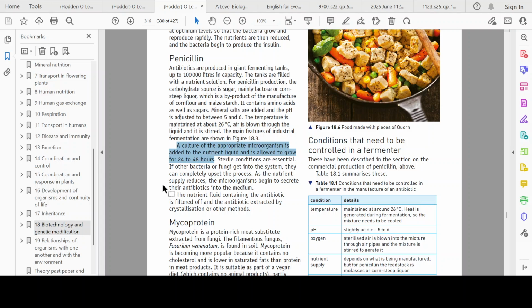If you've got fewer microorganisms, it doesn't matter how big the fermenter is, you're going to get less penicillin because you only had a few microorganisms. That's why you add the nutrients to let the microorganisms first grow and then produce the penicillin when the nutrient level drops. Okay.